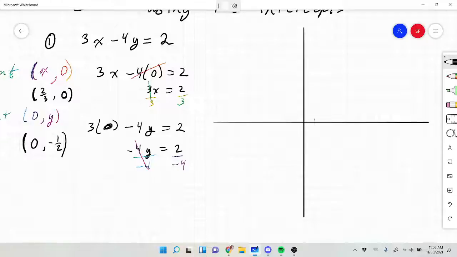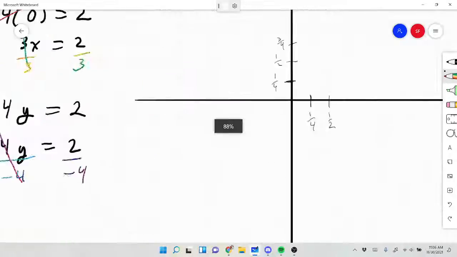This is 1/4. This is 1/2. Etc. Enough to know what I'm counting by. This is 1/4, this is 1/2, this is 3/4, etc. Okay. So my x-intercept is over here at (2/3, 0).